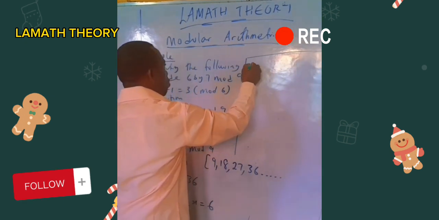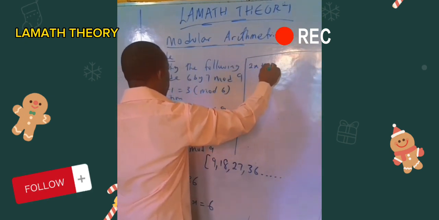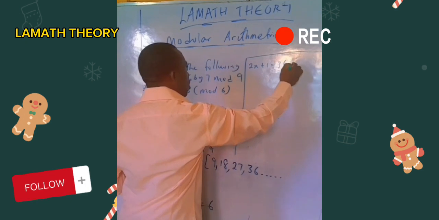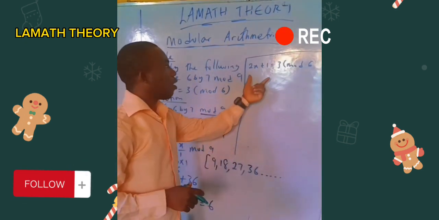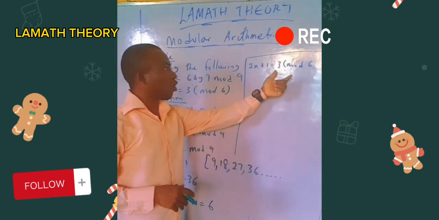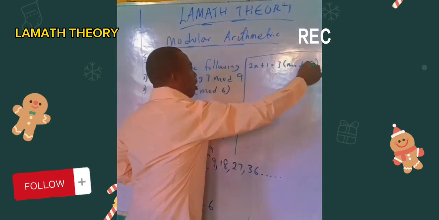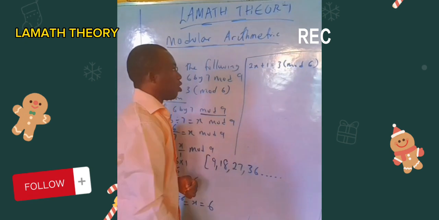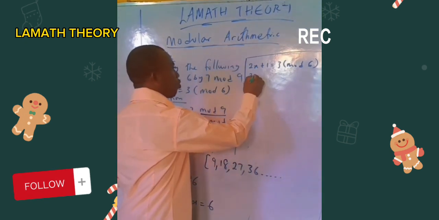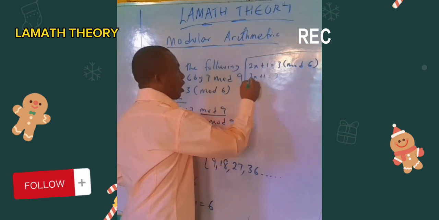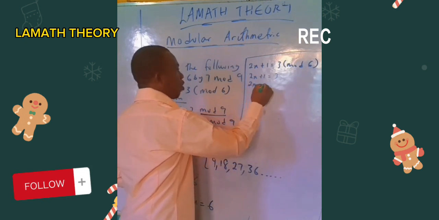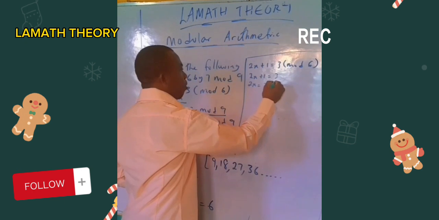Now we move on to the next one, which says 2x plus 1 equals 3 modulo 6. This is like having an algebraic expression where we have 2x plus 1 equals 3. So we can say 2x equals 3 minus 1.